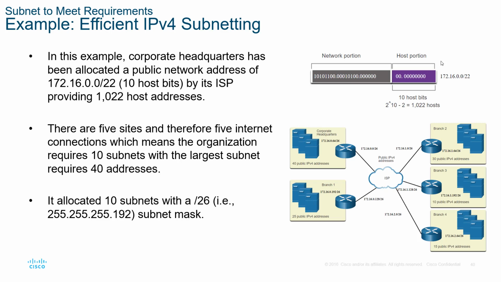In this example, we're talking about efficient subnetting. Essentially, if we know how many hosts we need, we can group them accordingly. In this example, we are looking at 10 host bits. That means we can get 10 subnets with a /26. The problem with the /26 is, does that give us the addresses that we need?